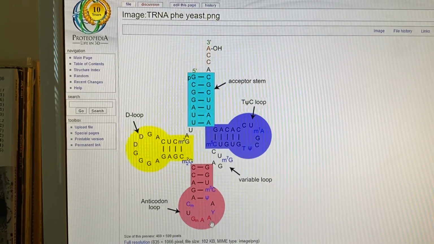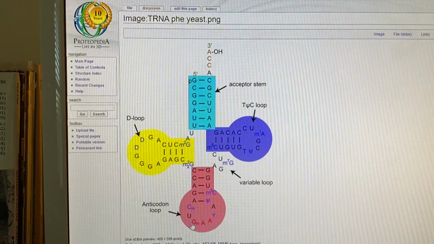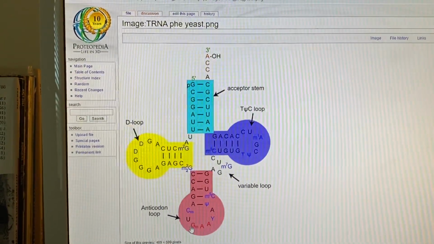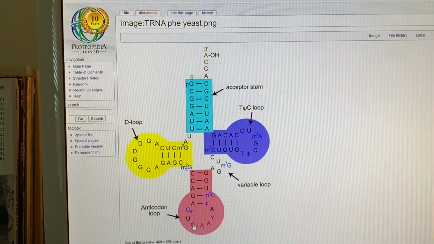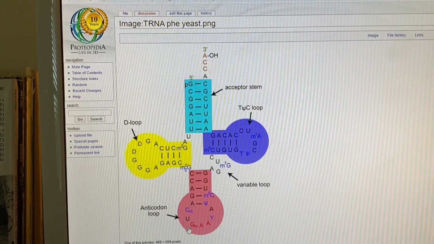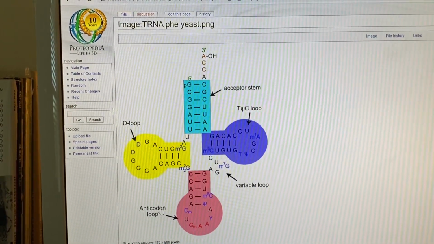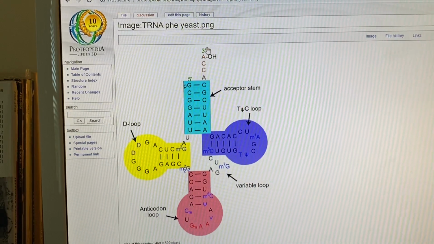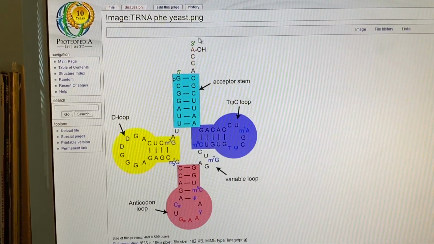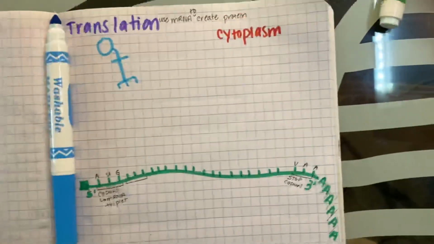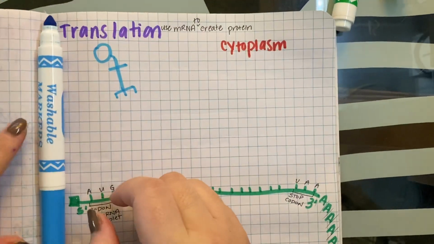Down here are those 3, what did I call them? Just RNA nucleotides found at the bottom of our tRNA, and it's what we call the anticodon. And then up here, this is the amino acid, or the little head of our little creepy stick figure we drew. Cute. So that's essentially what we have here.